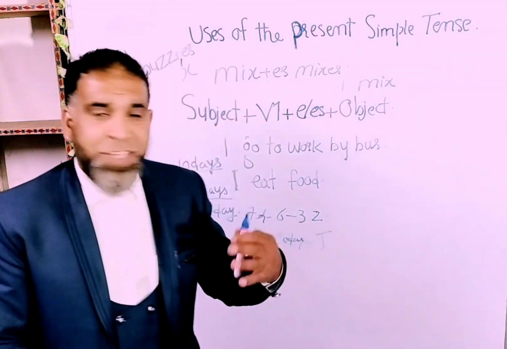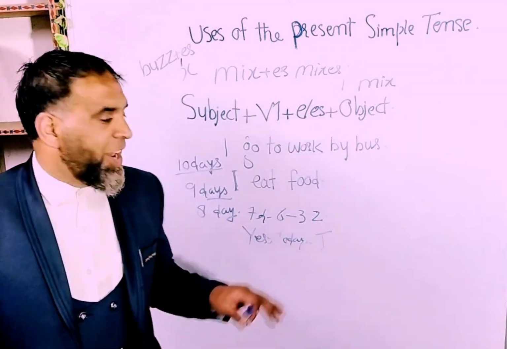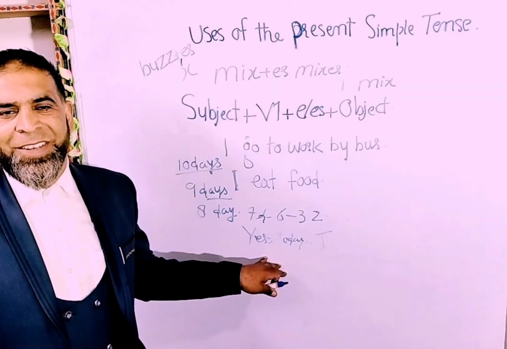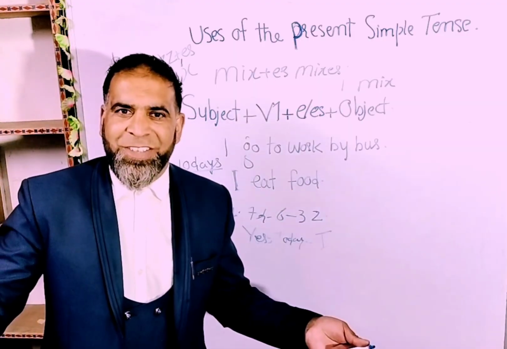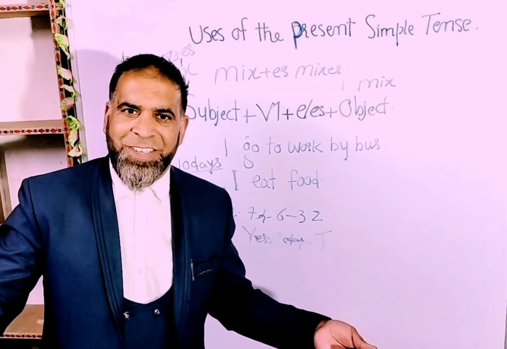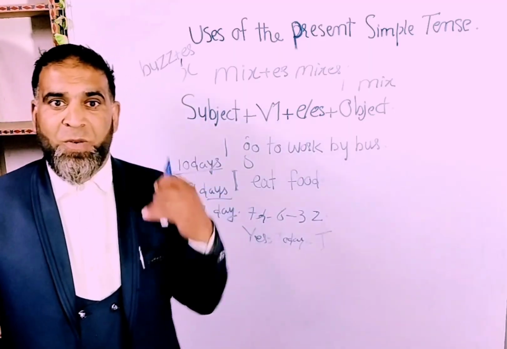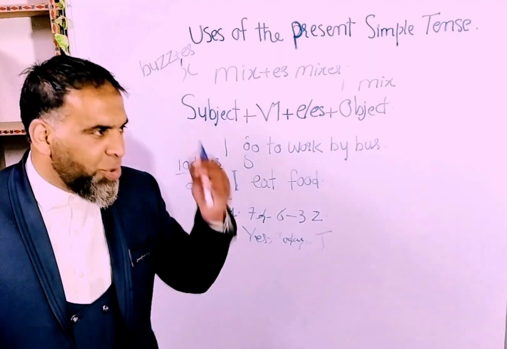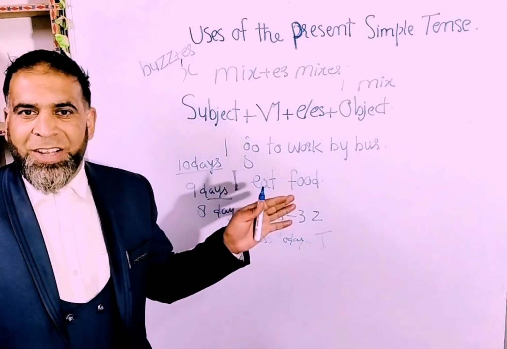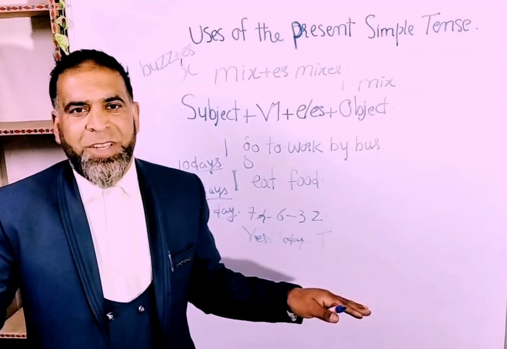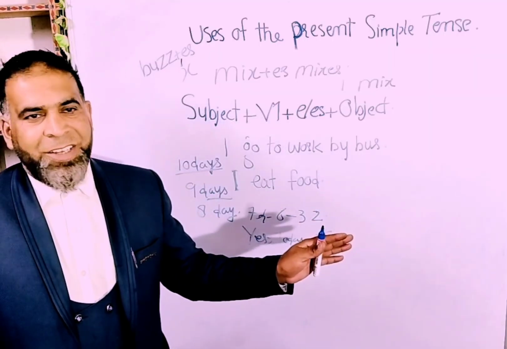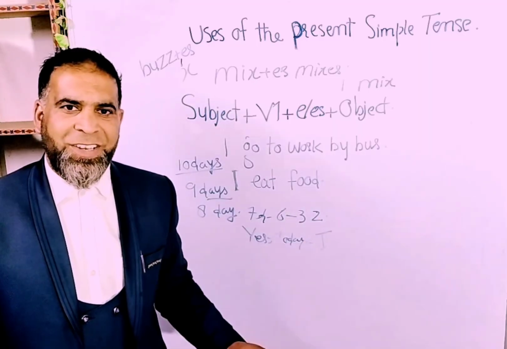Now I will say to you, it's my habit. I'm repeating this action every day. So it's my habit now. Think over it, like these actions that you do regularly. You are repeating every day.